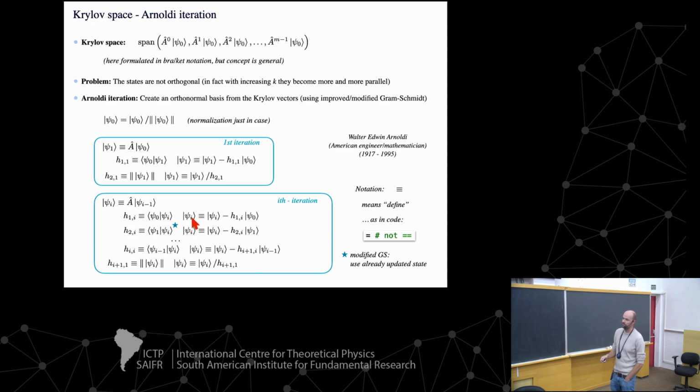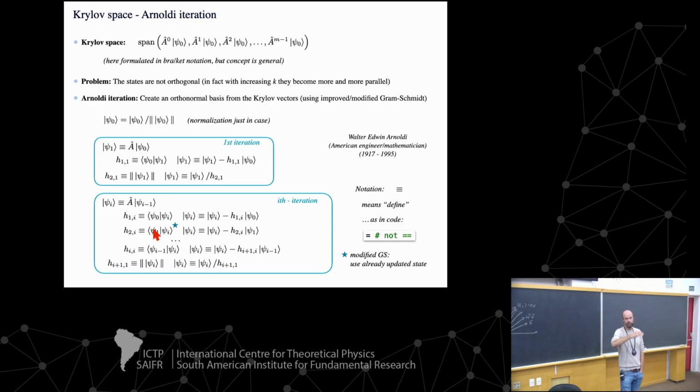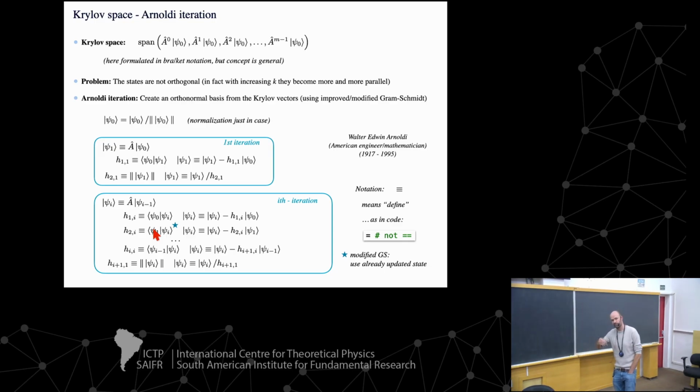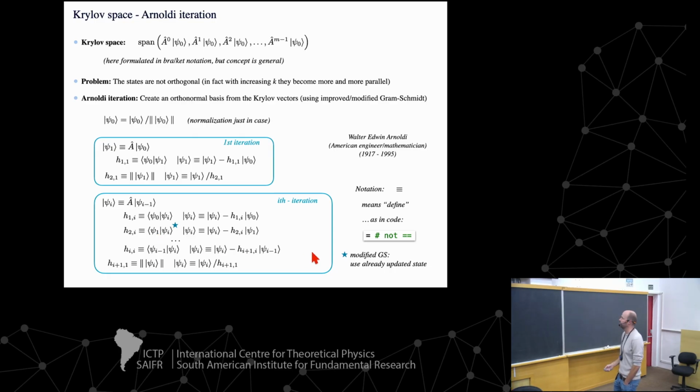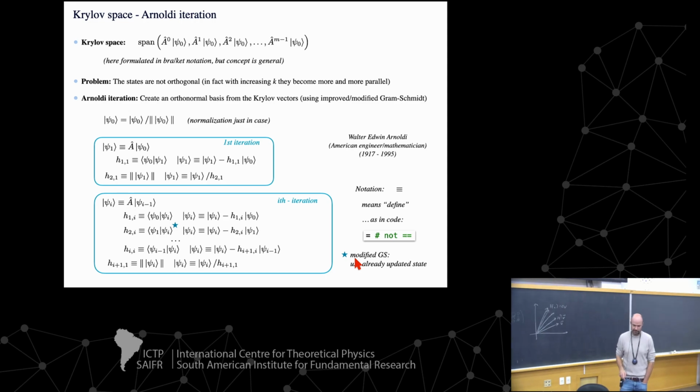So here I already update my state psi by subtracting this component of psi0, and then I use this new state to again compute the overlap of the other state. Right, in the original Gram-Schmidt you just take all of the overlaps with all of the states, and then you subtract them. Right, but here I iteratively do it, and this is called modified Gram-Schmidt, and this is numerically more stable than the original one. But it is just a technical detail.